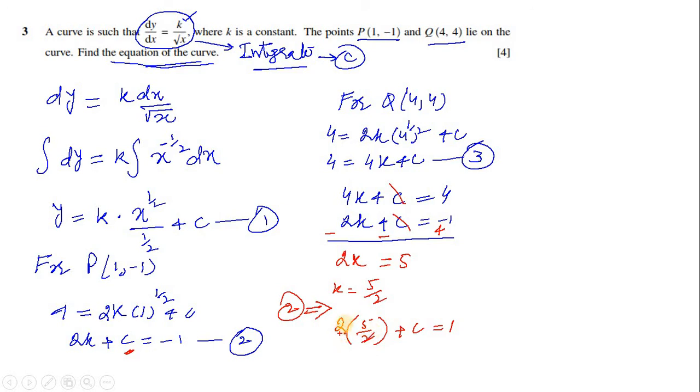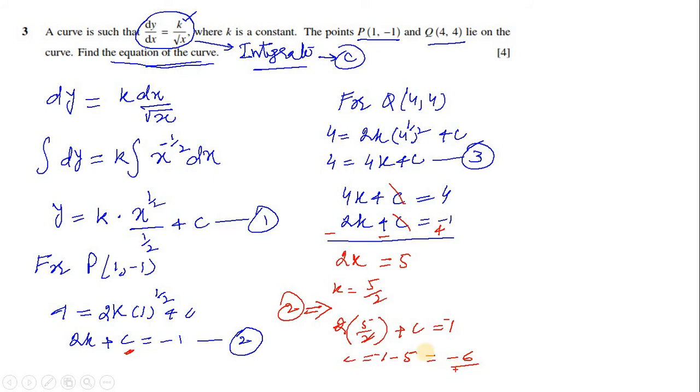So 2 gone, and 5 plus c is equal to 1. So c is equal to 1 minus 5. Then c is equal to, it was not 1, it was minus 1. So this should be minus 1 and minus 5. So c is equal to minus 6.